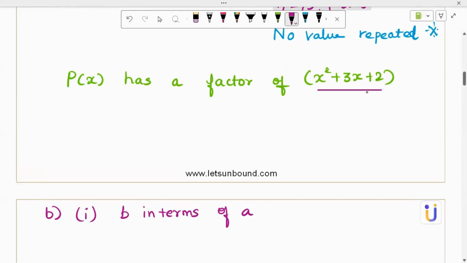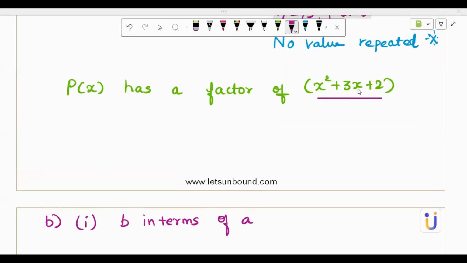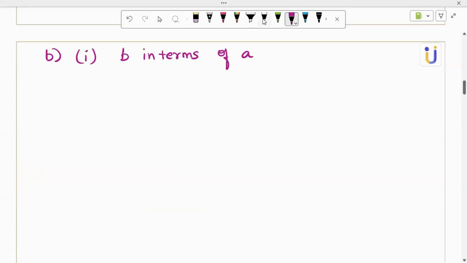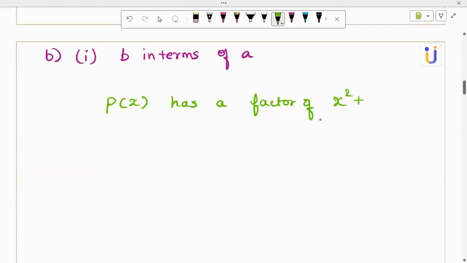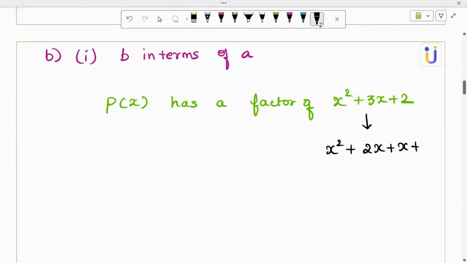So P of x has a factor of x squared plus 3x plus 2. I can factorize this, and let's apply the factor theorem. Let's factorize it by splitting the middle term. This goes like x squared plus 2x plus x plus 2.